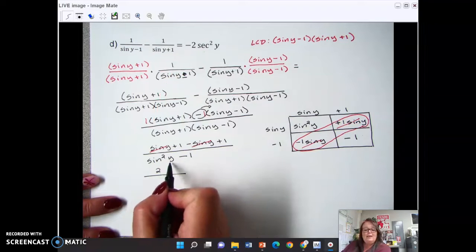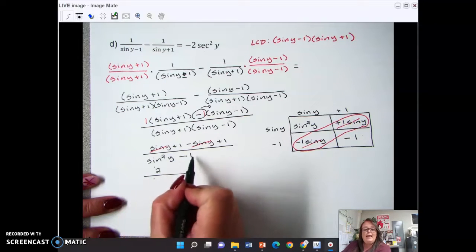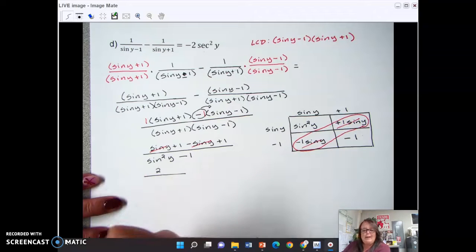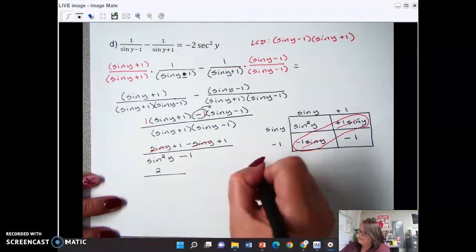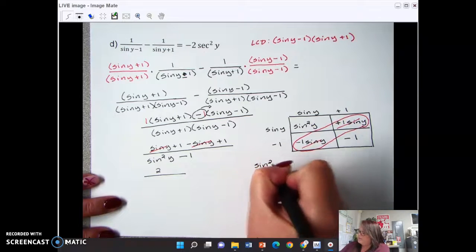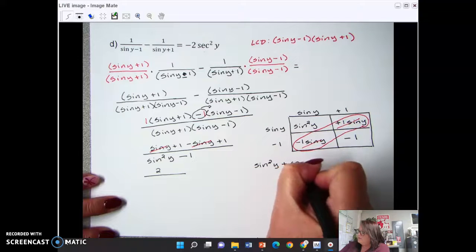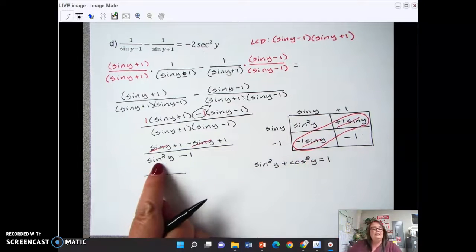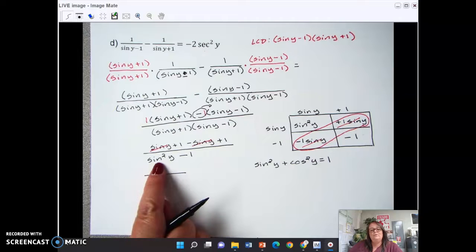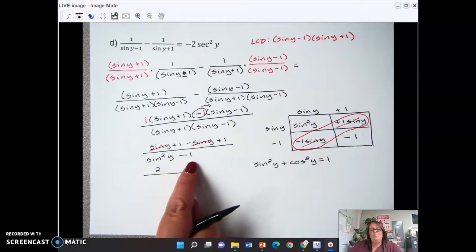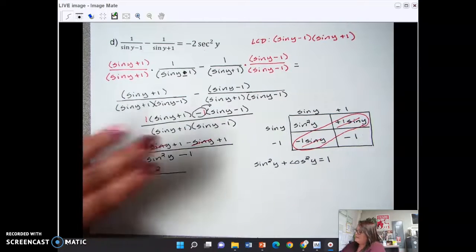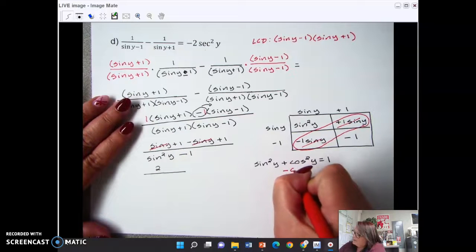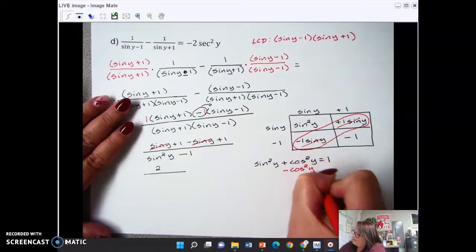Then in my denominator, I've got something squared and I have a 1. So that makes me think of the Pythagorean identity. So I'm going to talk about sine squared of y plus cosine squared of y equal to 1. So this is saying that I want sine squared of y to be positive and I want 1 to be negative. So that means I want sine squared of y to stay on its side.